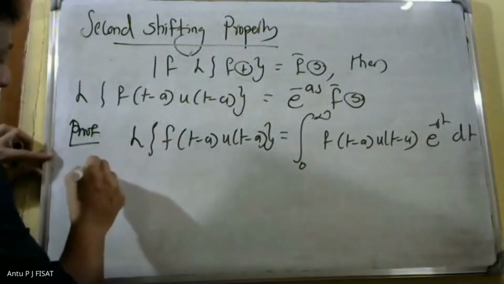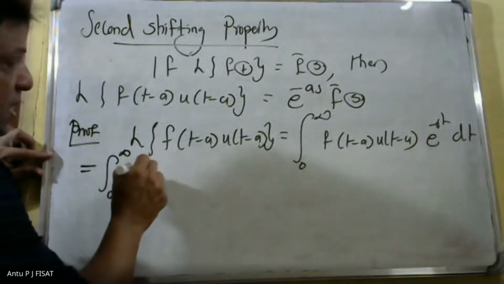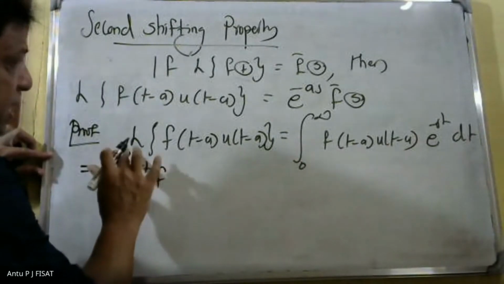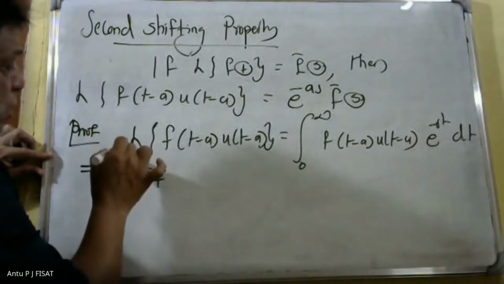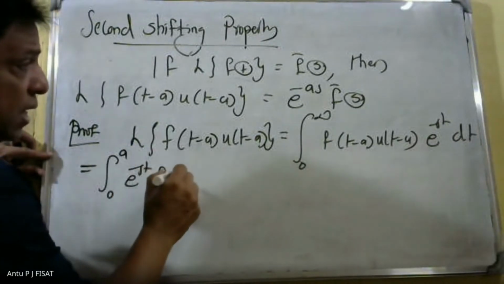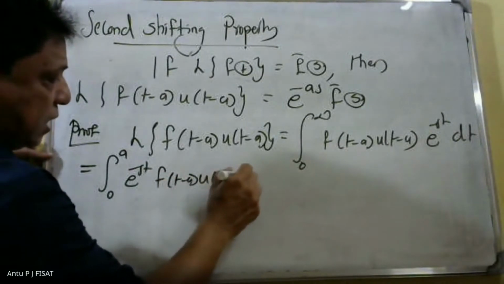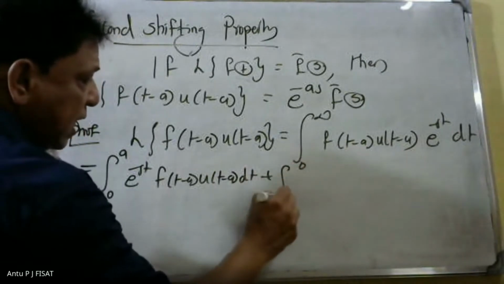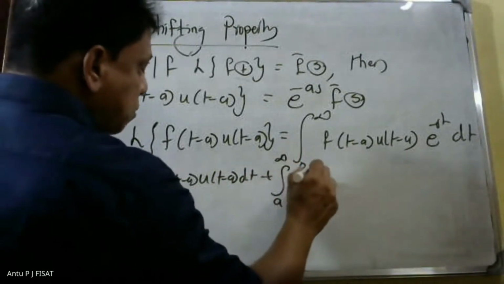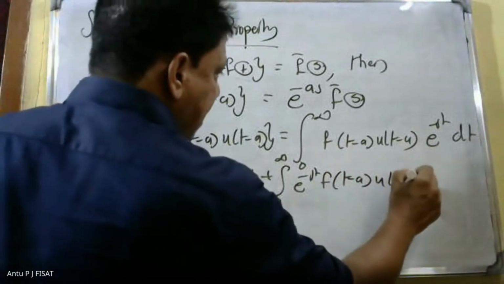Then, by the property of definite integral, we can split 0 to infinity as 0 to a plus a to infinity: integral 0 to a of e raised to minus st f of t minus a into u of t minus a dt, plus integral a to infinity of e raised to minus st f of t minus a u of t minus a dt.